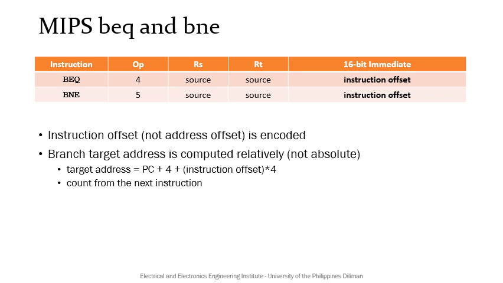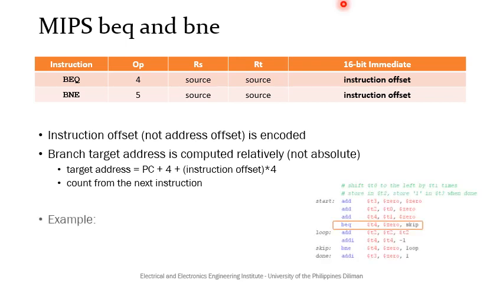The target address is equal to PC plus 4 plus instruction offset times 4. Since the offset is added to PC plus 4 and not simply PC, this means that the counting of the offset starts from the next instruction. For example, if we have the code here, then what should be the offset for the BEQ instruction?